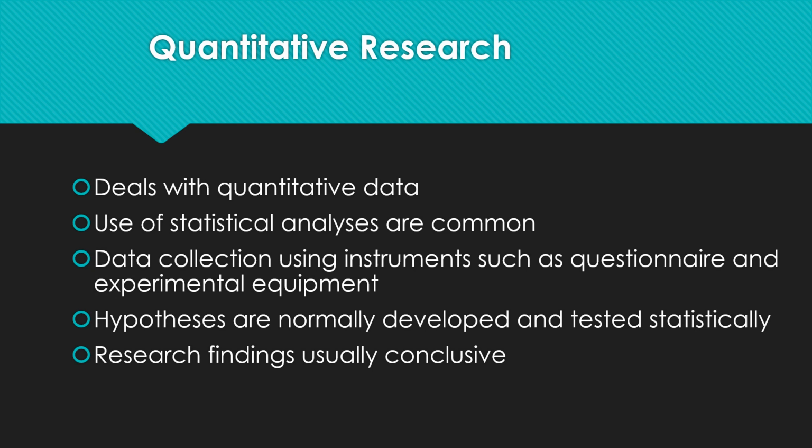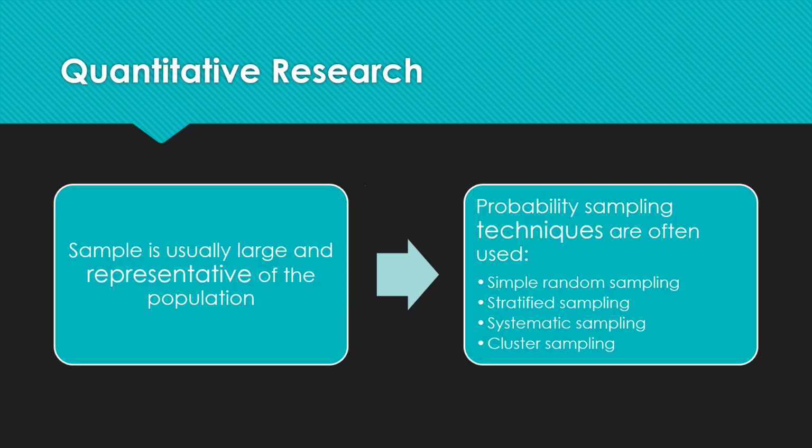So quantitative research normally deals with quantitative data. We always use statistical analysis, and data are collected using instruments such as questionnaires and experimental equipment. Hypotheses are normally developed and tested statistically, and research findings are usually conclusive, because it is more specific and objective.